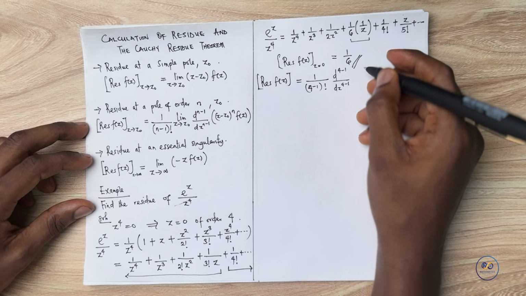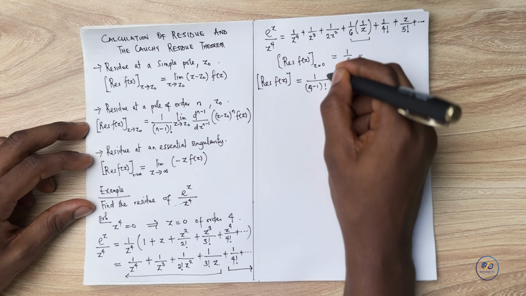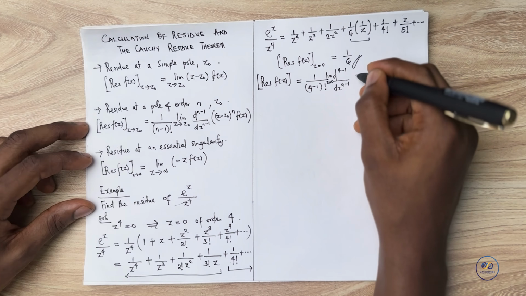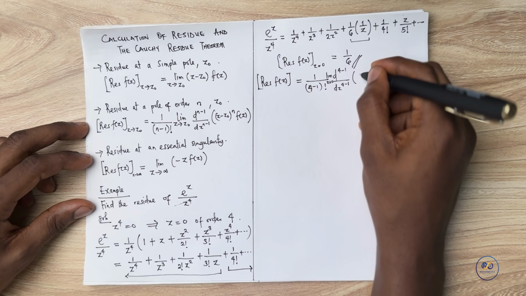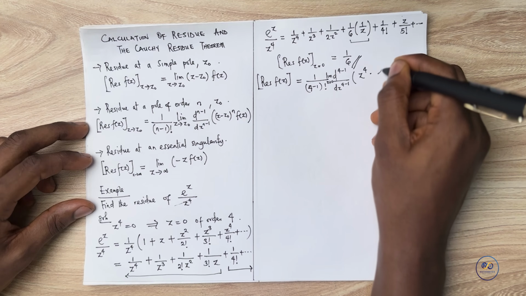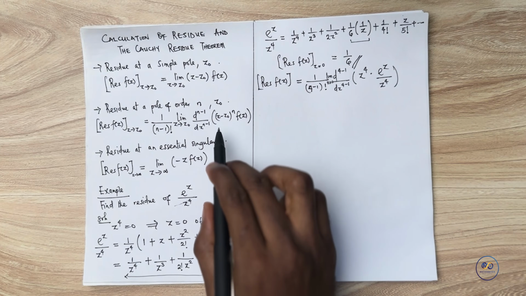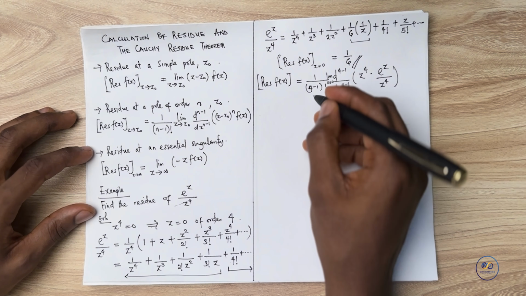Then what would we have inside? Of course, we are taking the limit, let's not forget, as z tends to 0. And then inside here we have z raised to the power 4 e raised to the power z divided by z raised to the power 4. That is the evaluation of this formula.